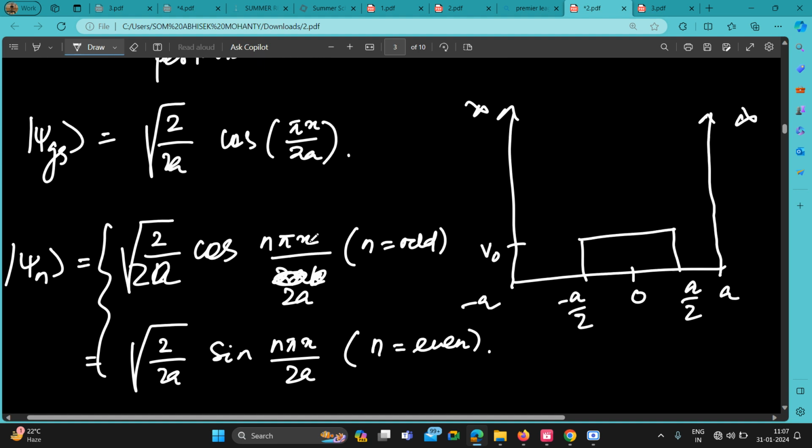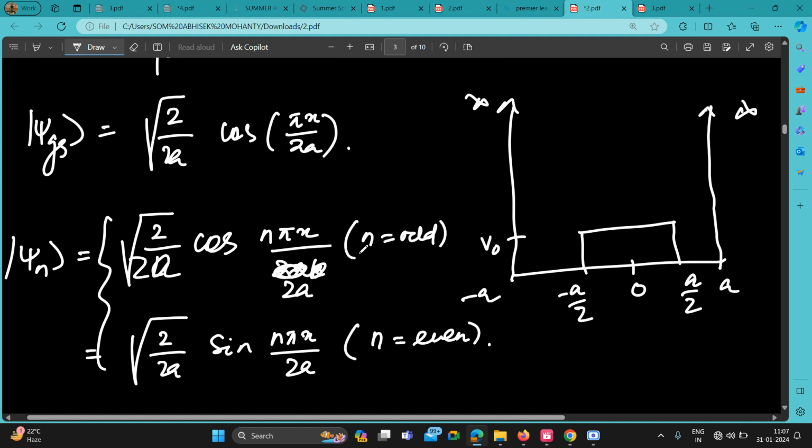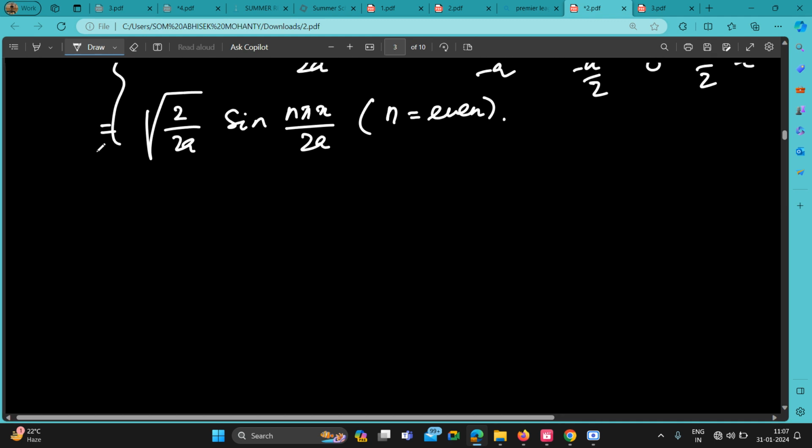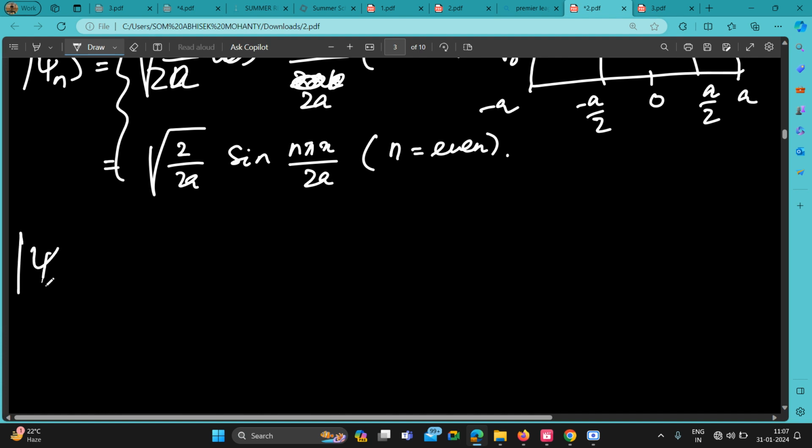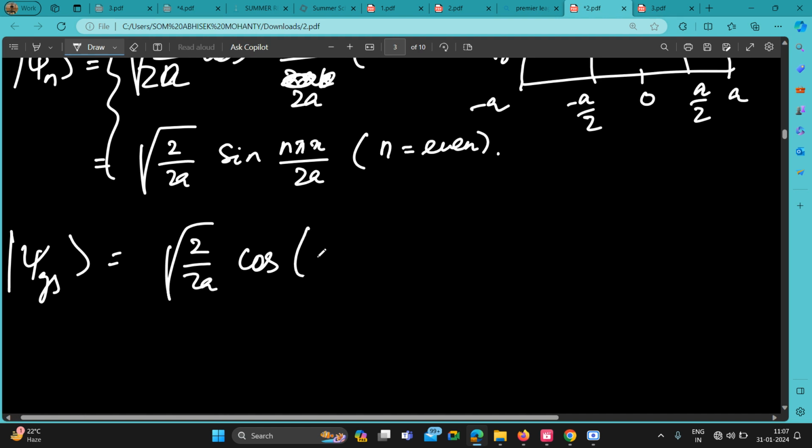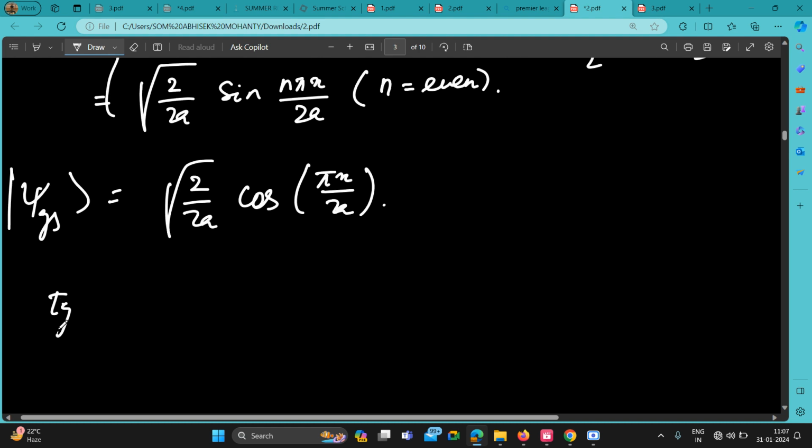Okay, so here if you see, the ground state is root over 2 by 2a cos pi x by 2a. Okay, cos pi x by 2a. So your ground state correction would be, what is the correction? Integration, what is the perturbation limit?